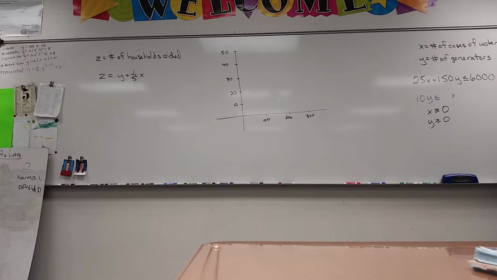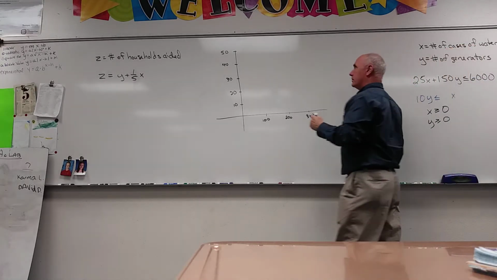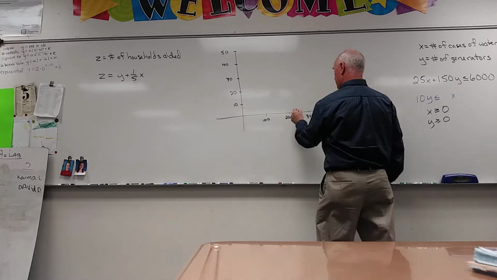For me, I would certainly find intercepts. So what's the first one you're trying to find? The x-intercept, which means we would make y 0. Y is 0, x is 240.